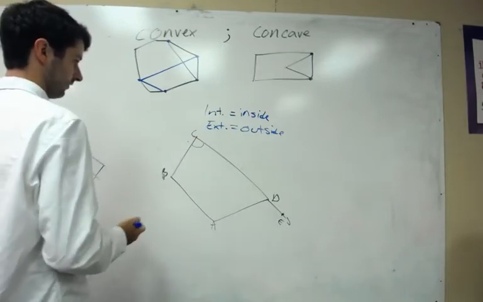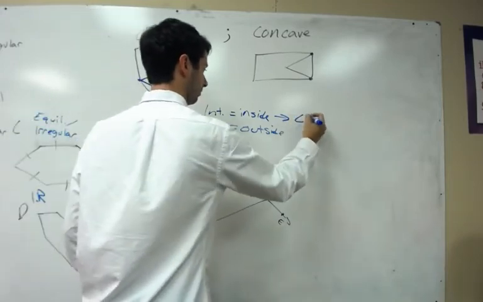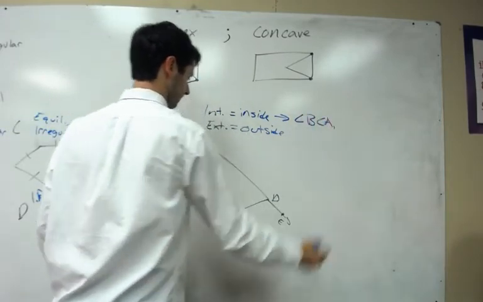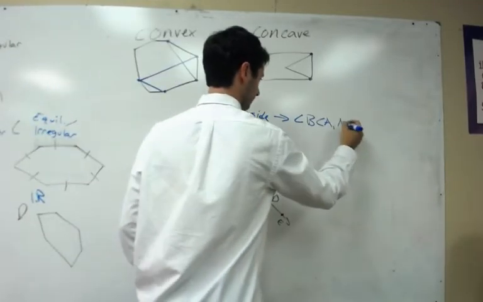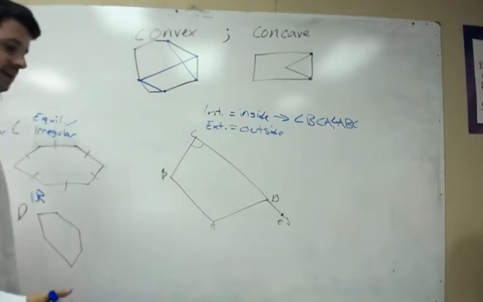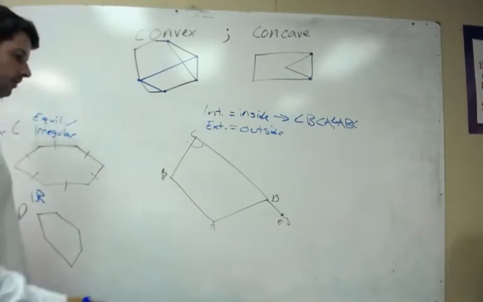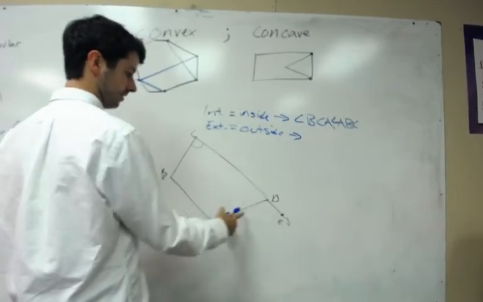So what you would have to say is some interior angles are angle BCA. That's an interior angle. Angle ABC. That's an interior angle. An exterior angle, well, we have the little line right here. An exterior angle example would be angle ADE.